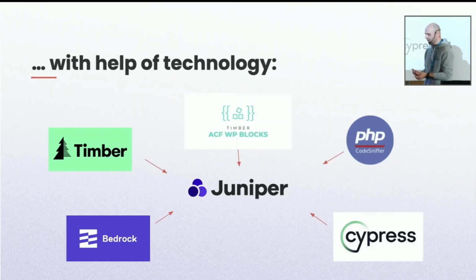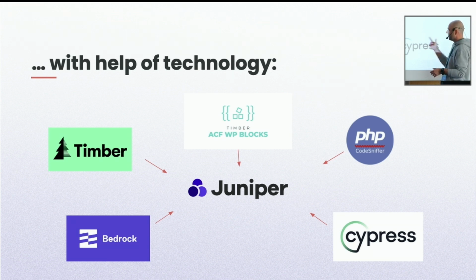So how did we achieve it? We achieved it with a set of technologies. We built our own boilerplate while we were searching for a solution that would be right for us, and we built Juniper. Juniper is basically a toolset of a few libraries that enable us to create very fast websites that work with Gutenberg, and they are easy to maintain in terms of the CI/CD process and so on.